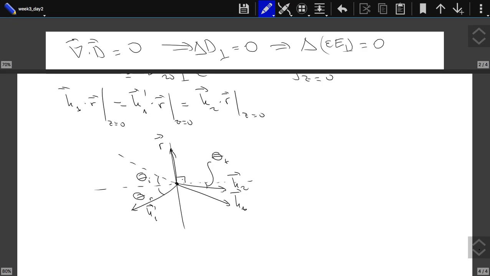Momentum changes from reference frame to reference frame. But in this problem, I'm again considering momentum in the reference frame in which this interface is at rest. My medium is at rest. Conservation of momentum and the boundary conditions are valid in every reference frame. But just to be able to talk about some concrete quantities, I'm choosing one reference frame, which I already chose when I said that the interface is at rest.